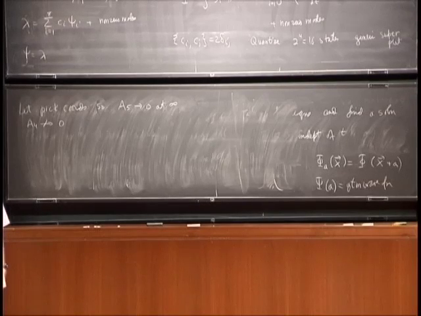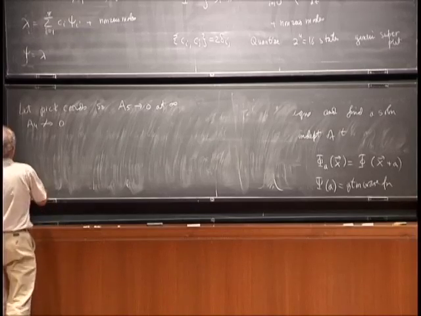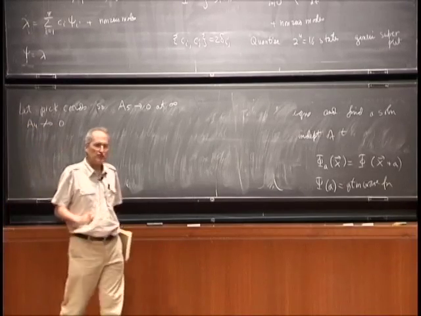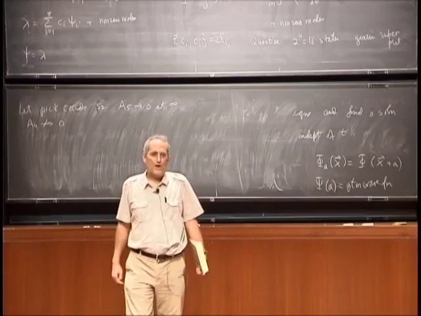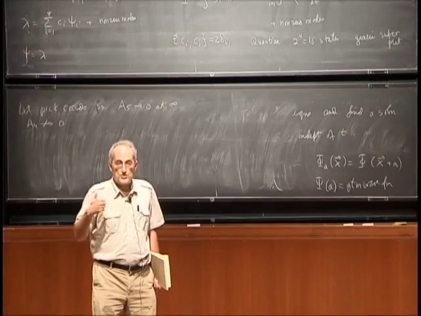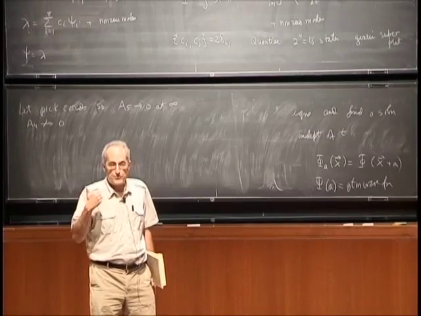Remember, there was a complex number that determined the expectation values of the fields at infinity, and by a rotation of the internal space, we can make that number real, which corresponds to what I'm saying. And now we're going to look for a special solution of the equations of motion, a solution that has some supersymmetric properties.